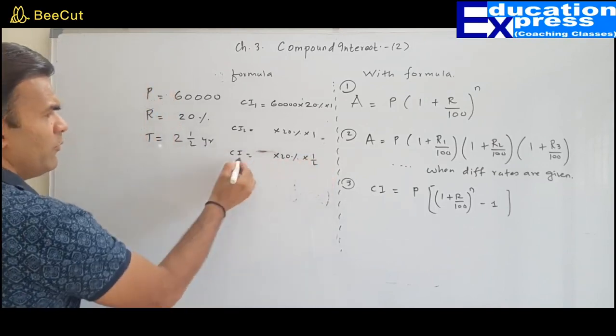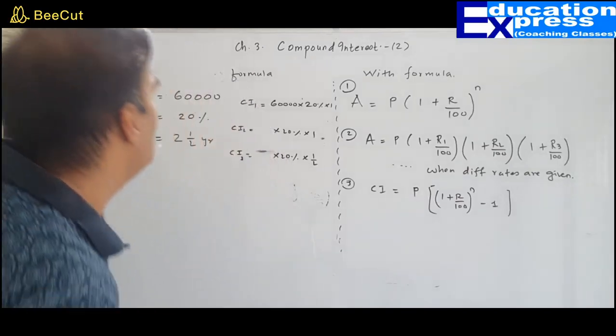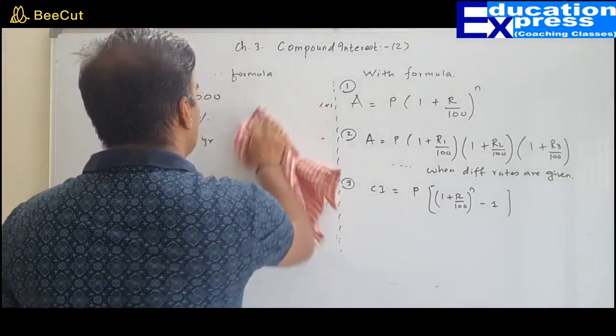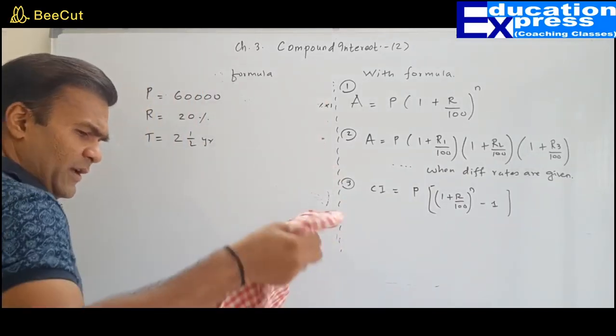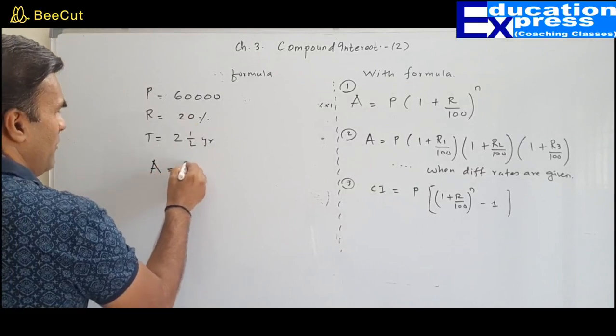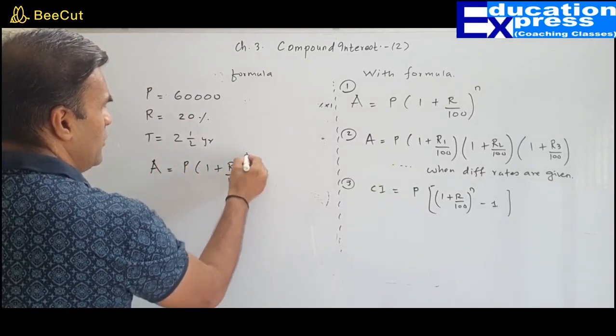We can do so. But the same thing, if you try to do by the formula method, things would be a little different. Have a look. Supposing I want to adopt this by the formula method. A would be P (1 + R/100)^N.